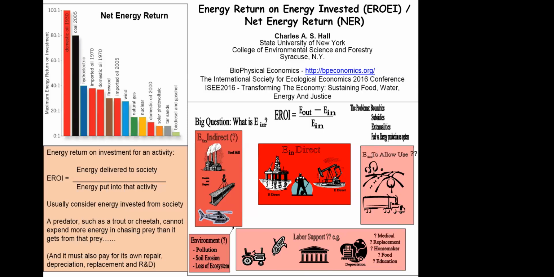So in a similar vein, this is what these researchers, Charles Hall and his colleagues, started looking at. And they started devising a couple of metrics for the energy return on energy invested ratio, or it's also known as the net energy return.